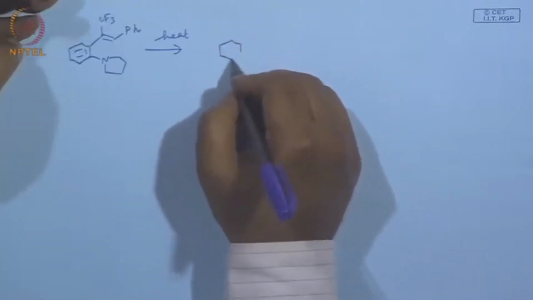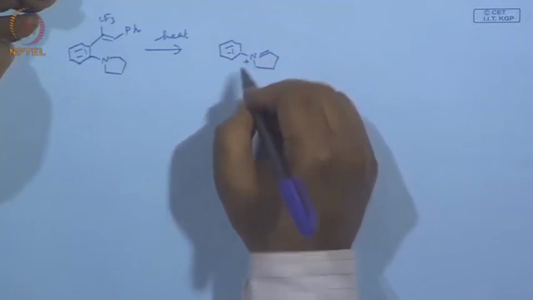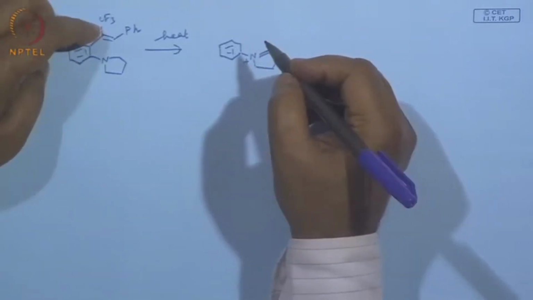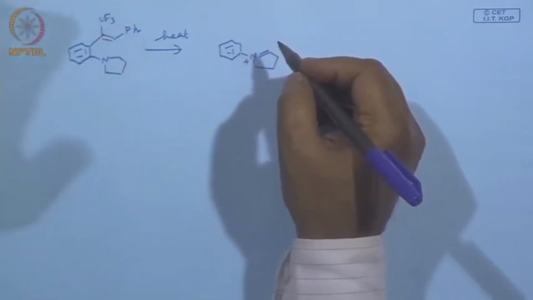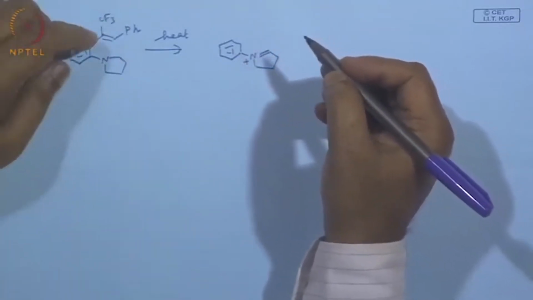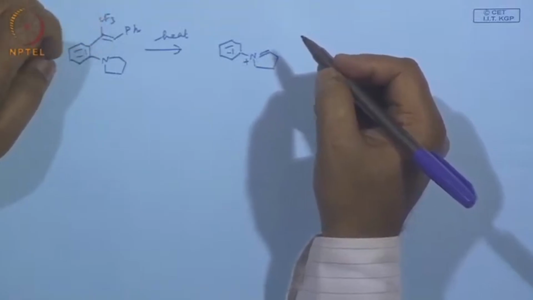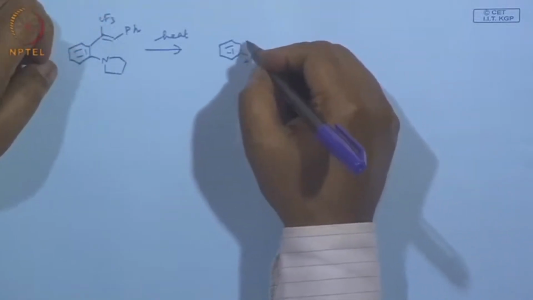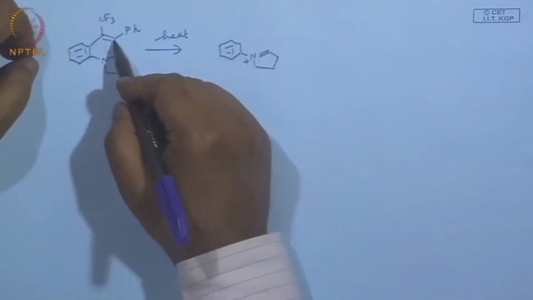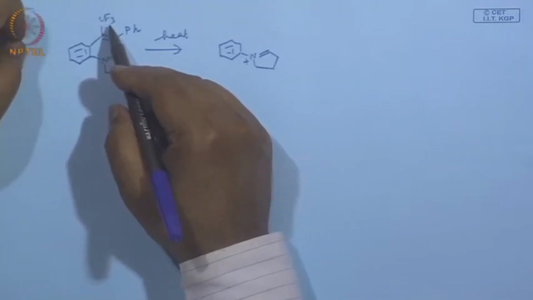Well, one thing we can expect is that it first forms this iminium ion, right, and then you have to decide whether this hydride would be transferred to this carbon or the other carbon. Okay. And mechanistically, if the hydride transfer is required, that means it should go to the electron deficient carbon, and the trifluoromethyl group is electron deficient, right. But in this case, I mean the carbon attached to this phenyl group should be electron deficient, because CF3 is electron withdrawing, right.